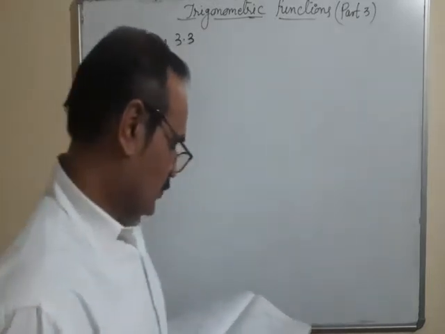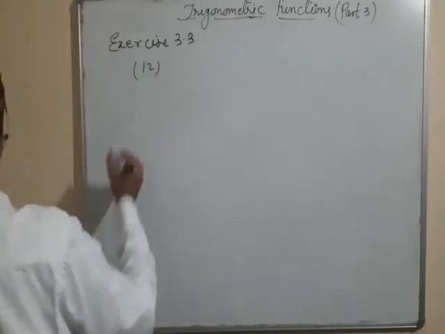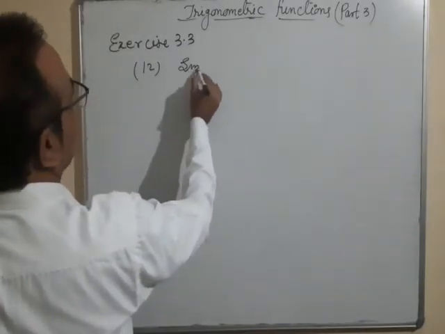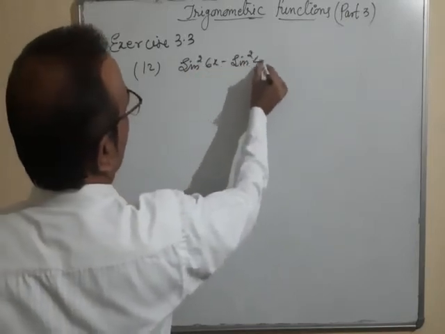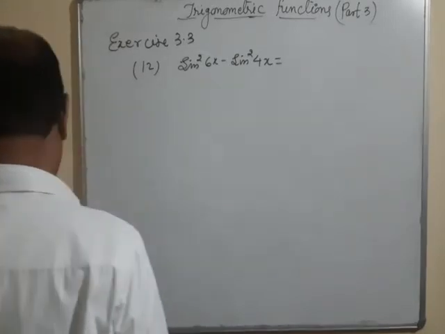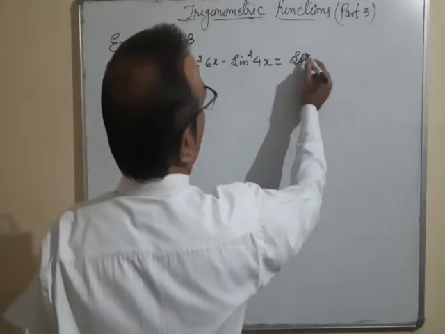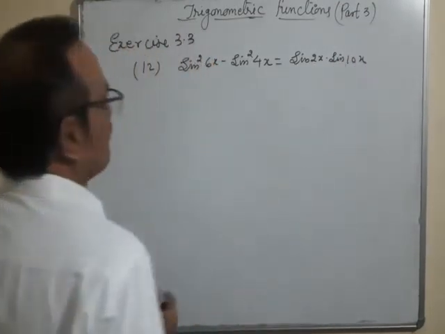Question number 12 and 13 are the same type of questions. I am taking question number 12. Sin square 6x minus sin square 4x is equal to sin 2x into sin 10x. Okay.